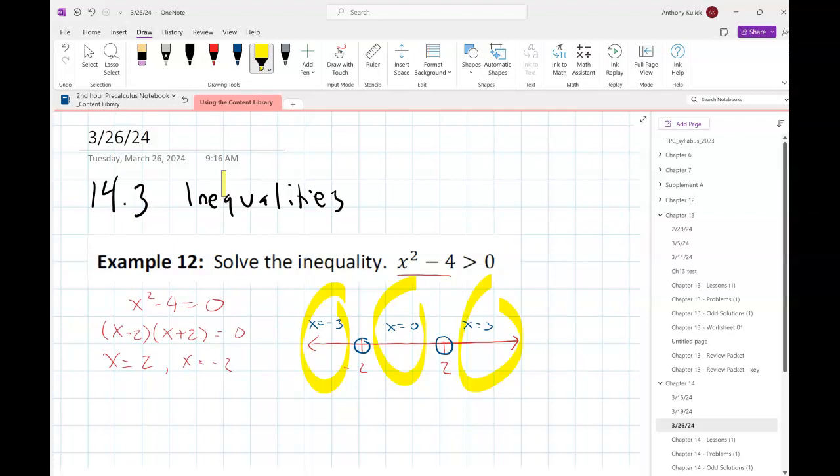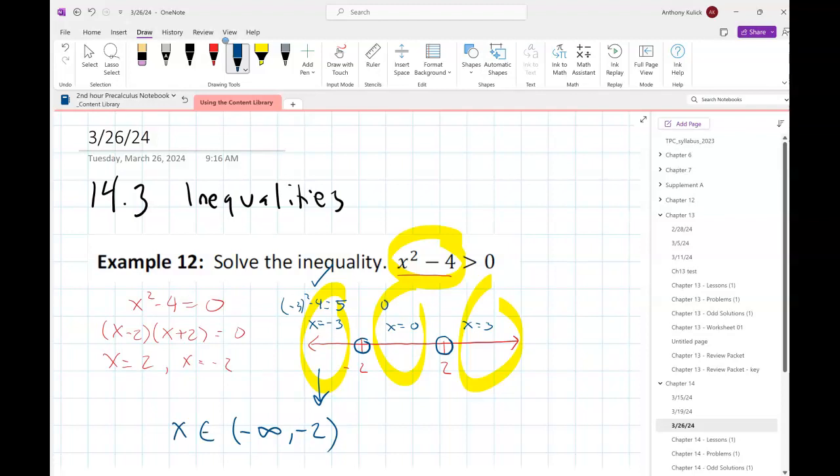Cool? Now I'm going to plug those test values into x squared minus 4. So if I do negative 3 squared minus 4, that gives me 5, right? That's greater than 0. So this interval from negative infinity to negative 2 is one of my answers.